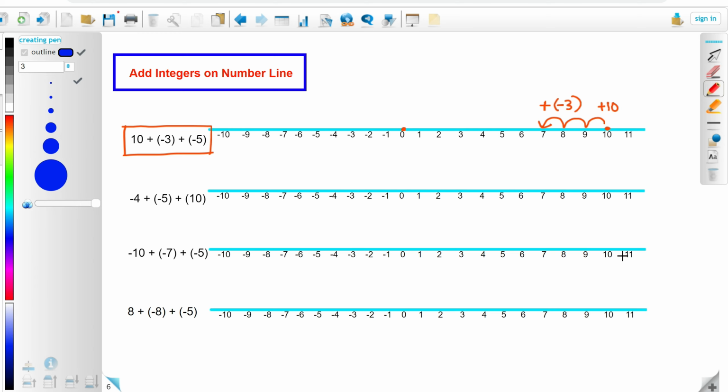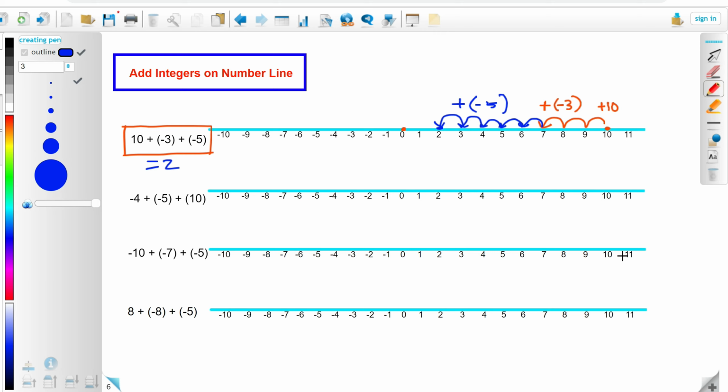That means 5 more units. So 1, 2, 3, 4, and 5. So you reach the point which is the answer, which is 2.